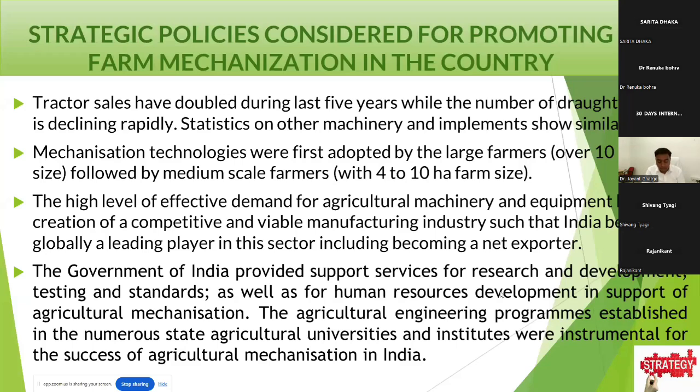If we think about the challenges, there is the high cost of machinery, which is a challenge for promoting mechanization for small and marginal farmers. But as a solution, some subsidies are available, and these high-cost machineries are available with the custom hiring centers. So farmers can use that machinery on rent basis also.